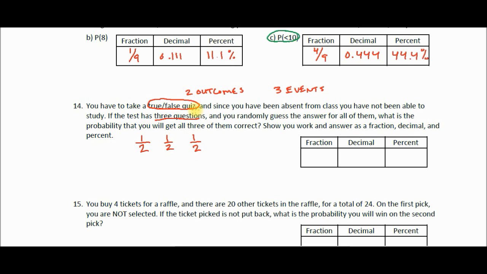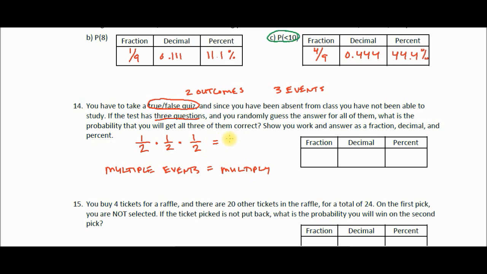1 out of 2. And we've learned about compound probabilities, or multiple events that we want to all happen. You multiply. Multiple events, multiply.